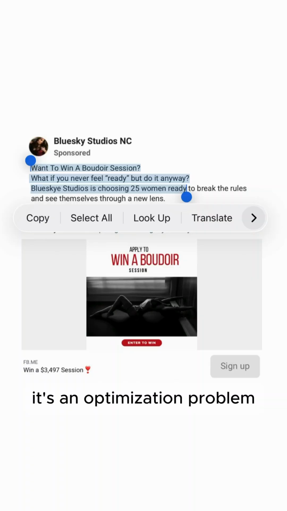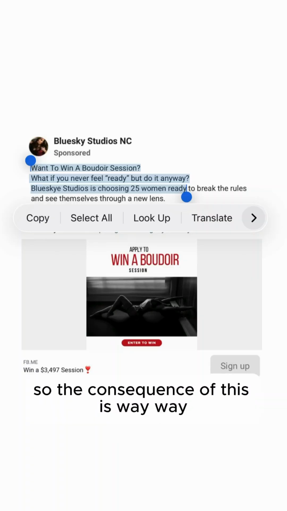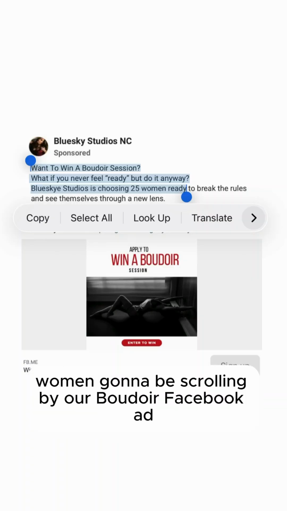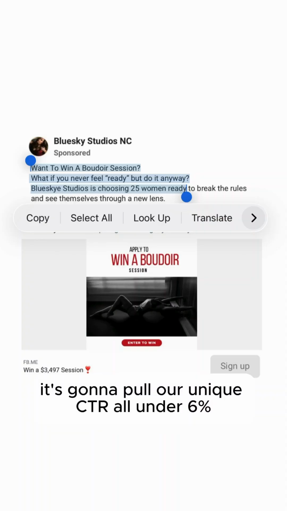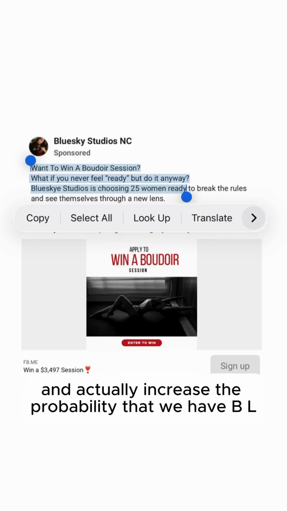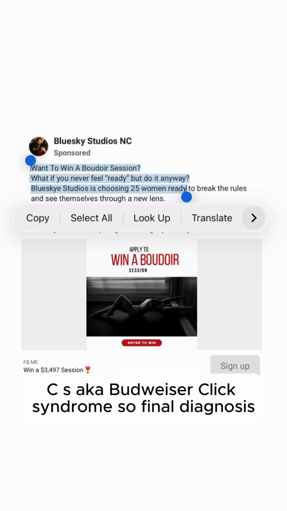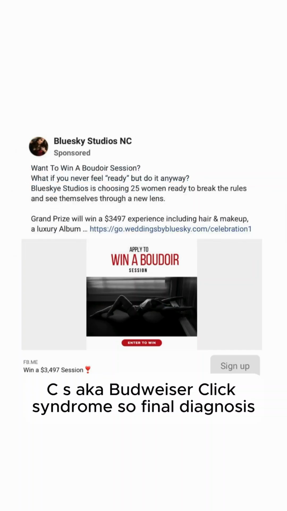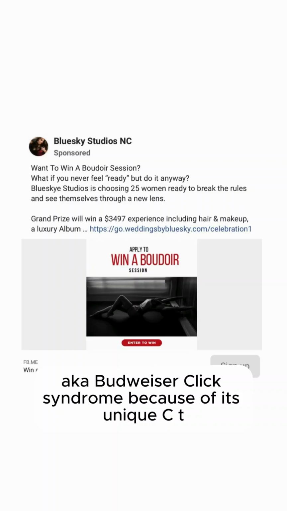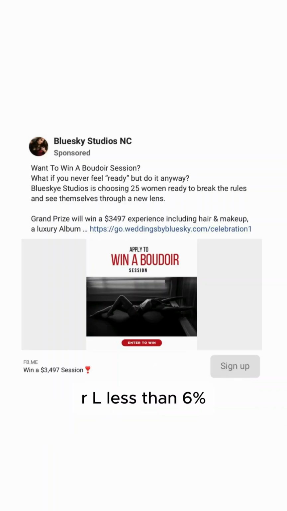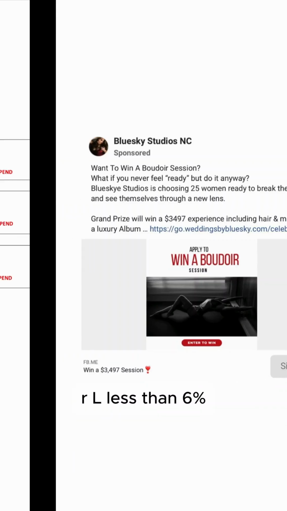It's an optimization problem. So the consequence of this is way more women gonna be scrolling by our Boudoir Facebook ad than necessary. And as a result, it's gonna pull our unique CTR under 6% and actually increase the probability that we have BLCS, aka Boudoir low click syndrome. So final diagnosis, yes, I do believe this Boudoir Facebook ad has BLCS, aka Boudoir low click syndrome, because of its unique CTR less than 6%.